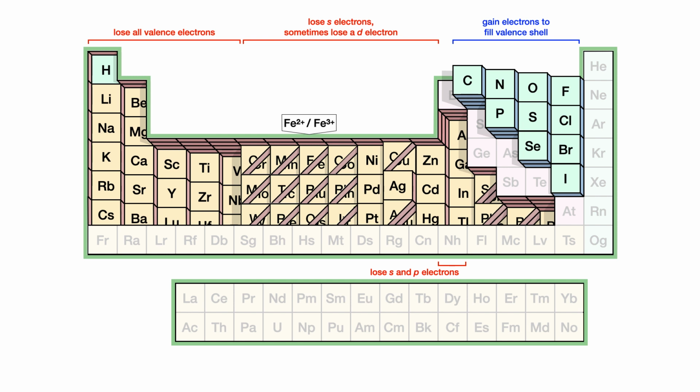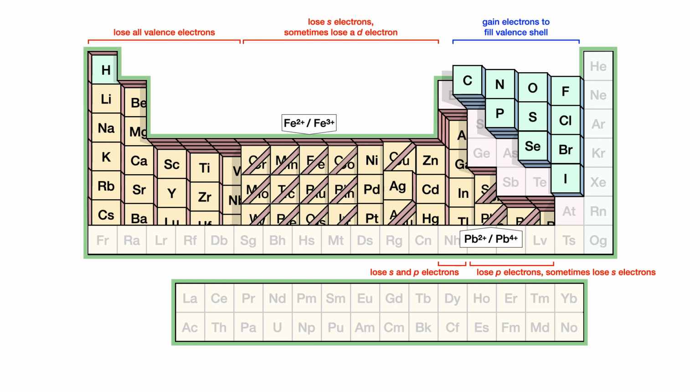And then the rest of the metals, tin, lead, polonium, and these other guys, will lose their p electrons, and they'll sometimes lose their s electrons. The result is something like lead can form either a 2+ ion or a 4+ ion.